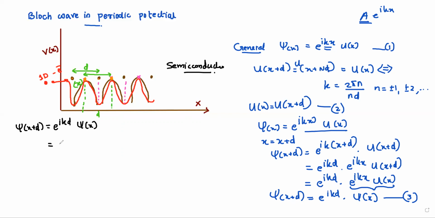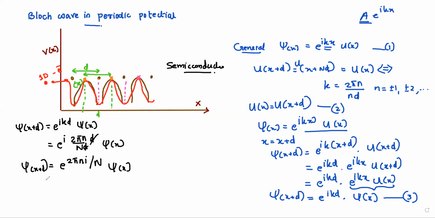That's equal to e^(2πni/n) into psi of x. Psi of x plus d.